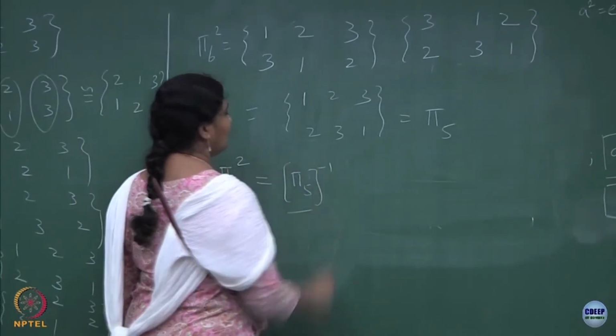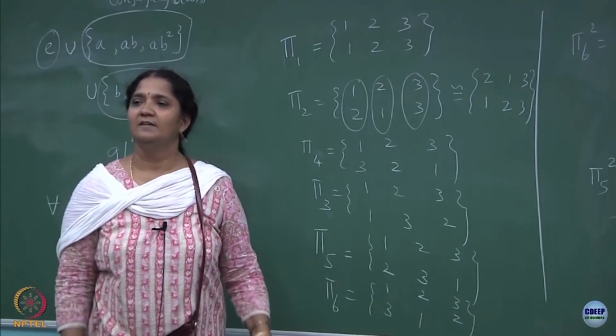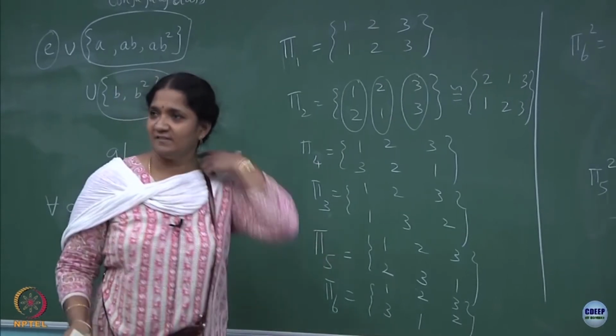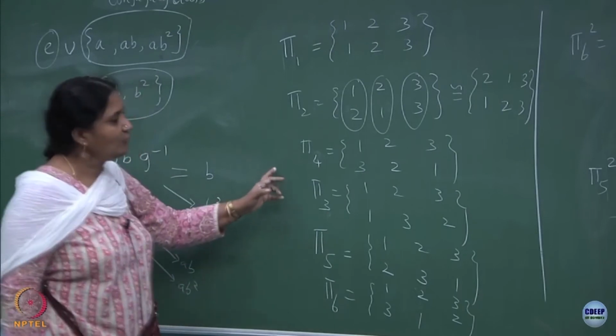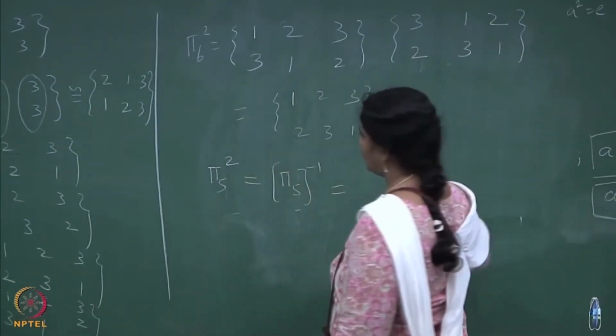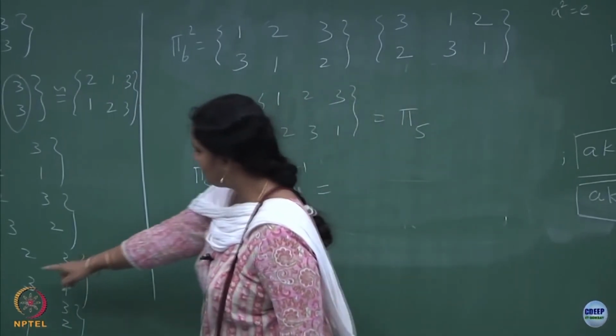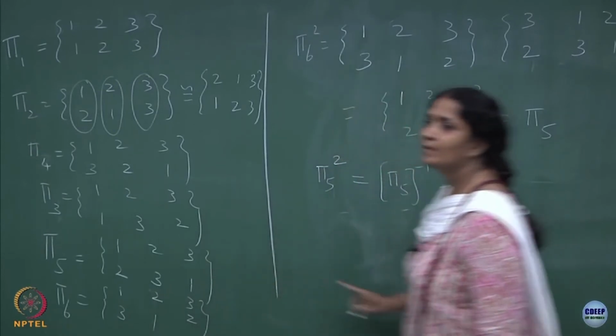This also, how do you find an inverse? What is an inverse? Inverse is if you undo the process, you have to get the identity element, right. So, whenever I want to look at the inverse, I will look at here and write the inverse.